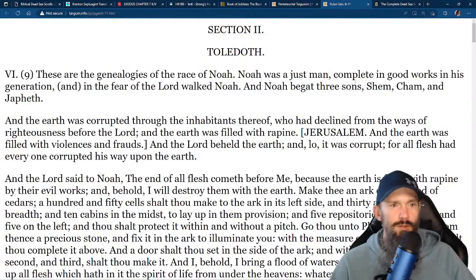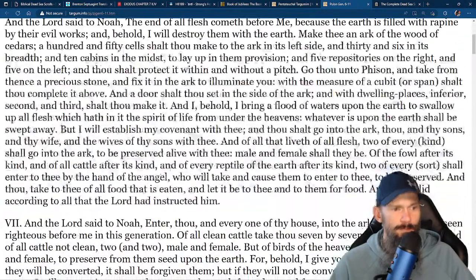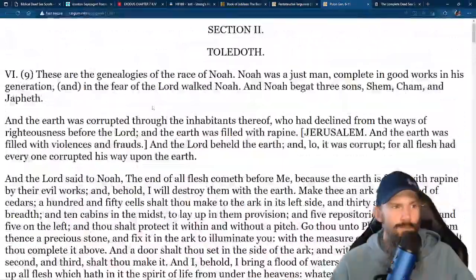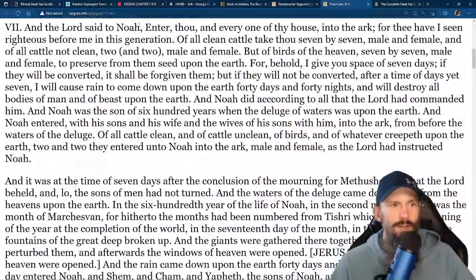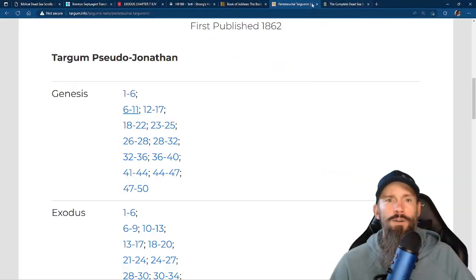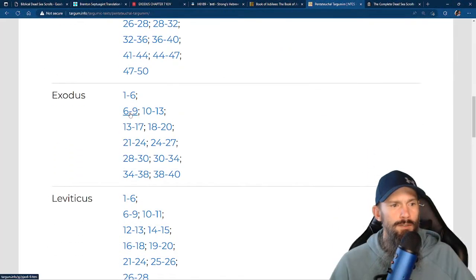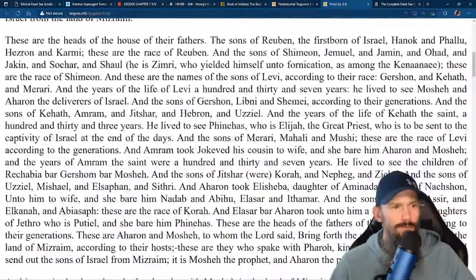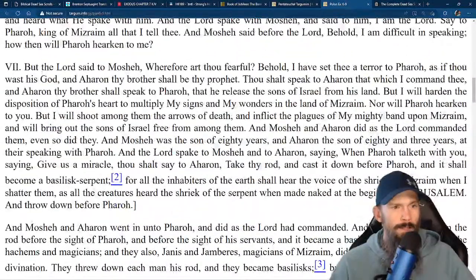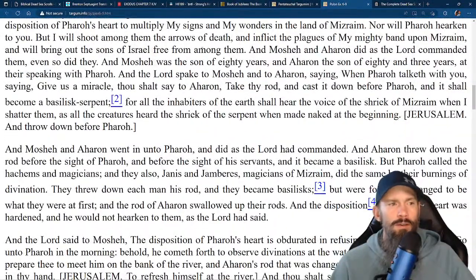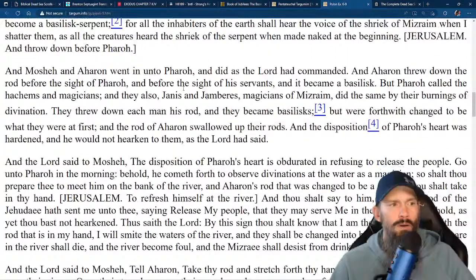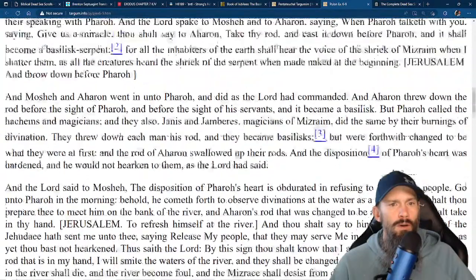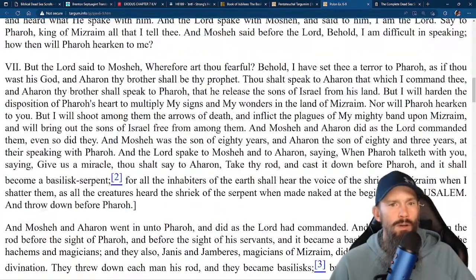Pseudo Jonathan Targum. No, that's Genesis. What am I doing here? Exodus. Let's see.